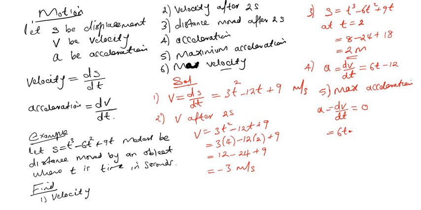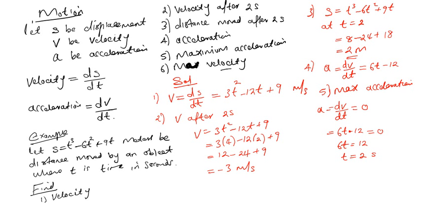So we want to equate this to 0, and therefore the answer becomes 6t is equals to 12, and therefore t is equals to 2 seconds. Now we interested in maximum acceleration, not the time.